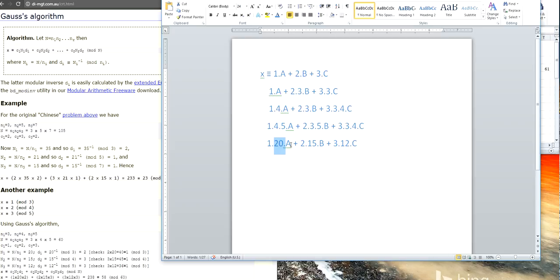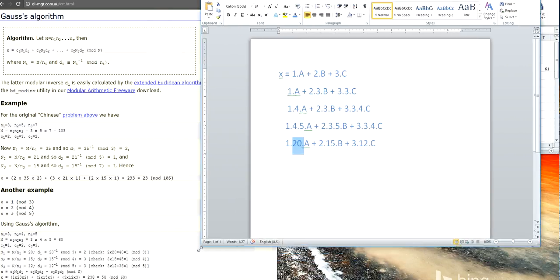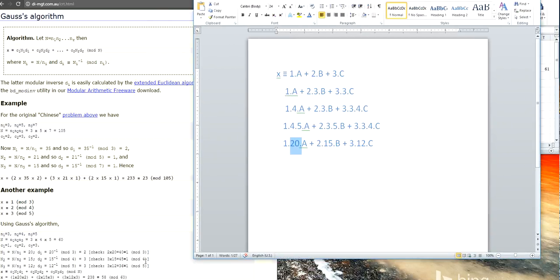So that's what we are doing here. So basically we need to find a, so that when we multiply a by 20 mod 3, then we get 1. So in other words, we are trying to find the mod inverse of 20 in mod 3, and similarly here mod 4 and mod 5, and that is what this equation here is doing. So in mod 3, mod 4, mod 5, this is the mod inverse of 20, 15 and 12 respectively.